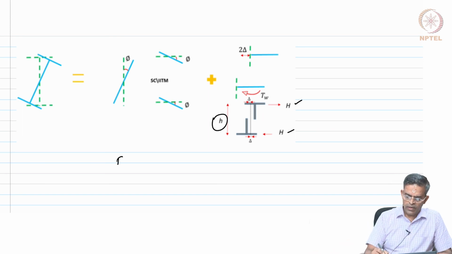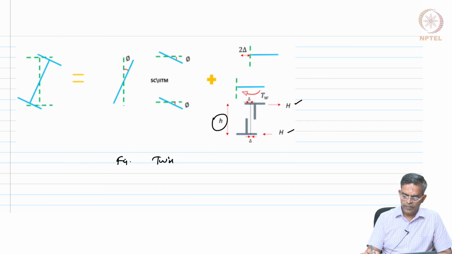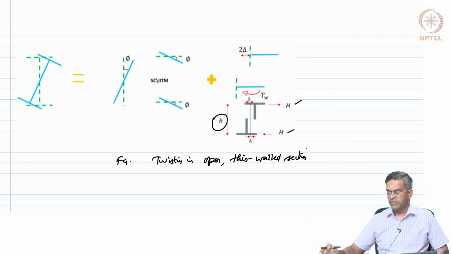So, this figure shows twisting in open thin walled sections other than circular. It is a nice section.